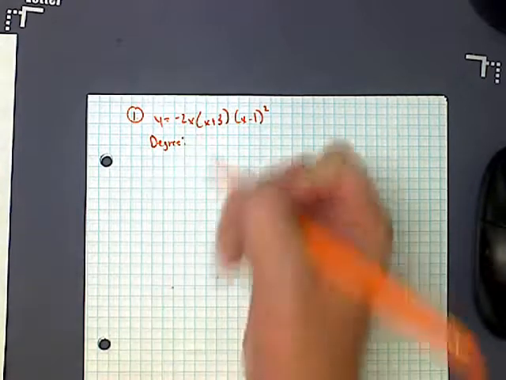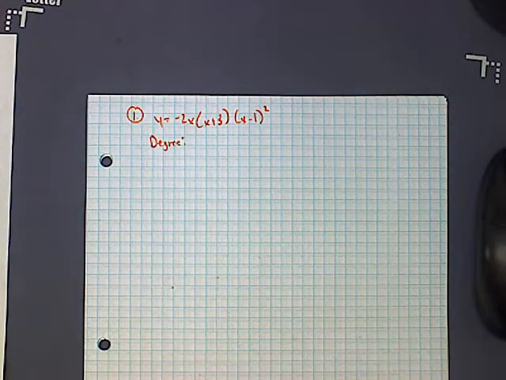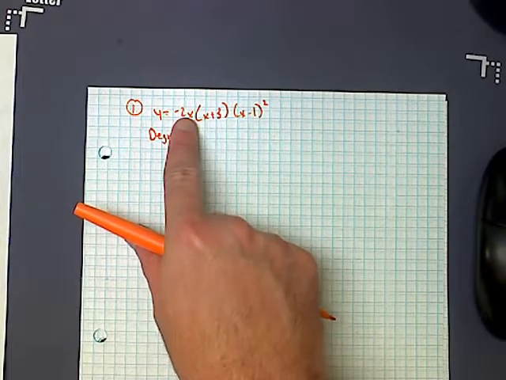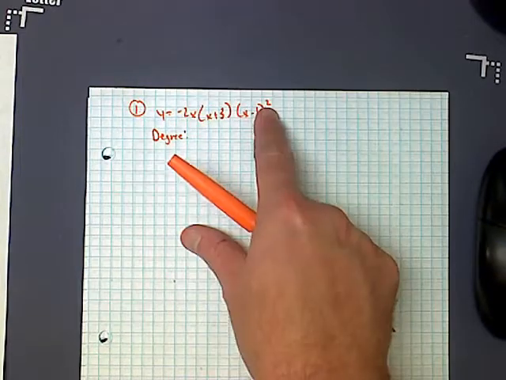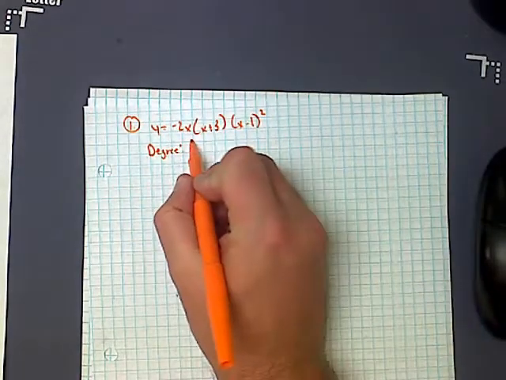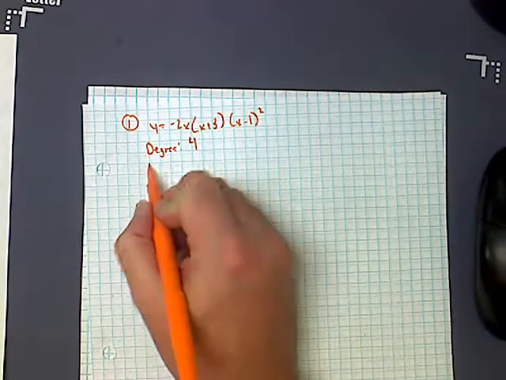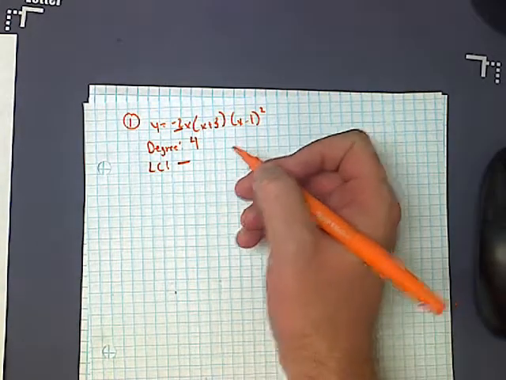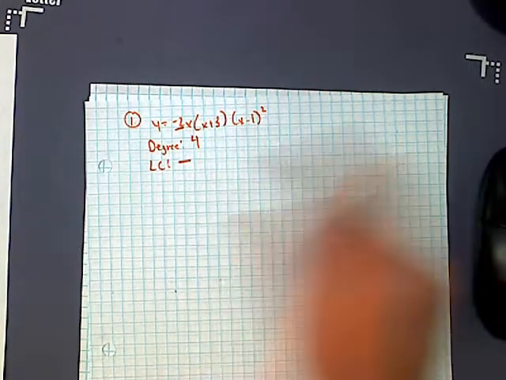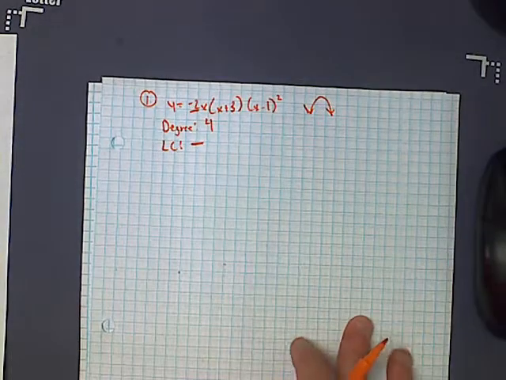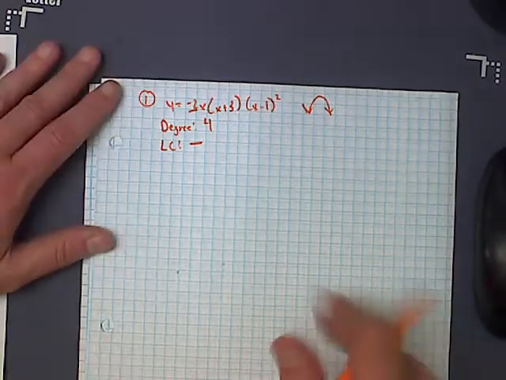Remember, in factored form, you count each x. 1, 2, now you have to count this twice, so it's going to be 1, 2, 3, 4, so degree 4. The leading coefficient is negative. So since it's degree 4 with a negative leading coefficient, the ends will be pointing down. Let's find the zeros.